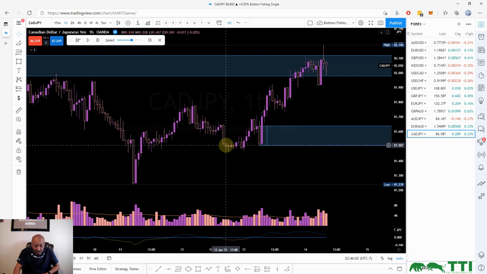The next bar, price went all the way down to 81.51, and the following bar's high is 81.52.